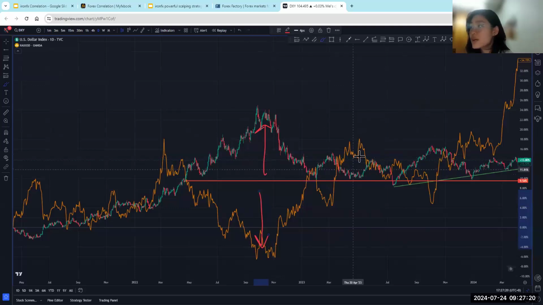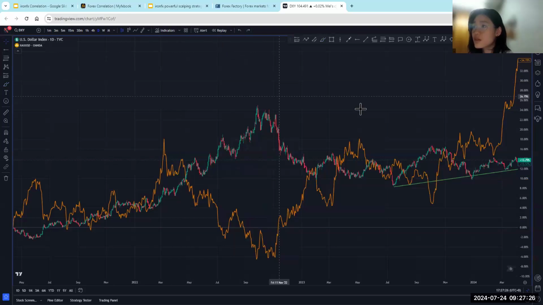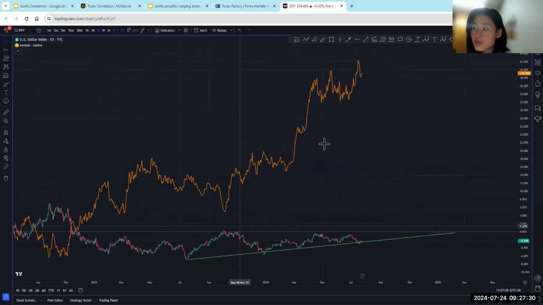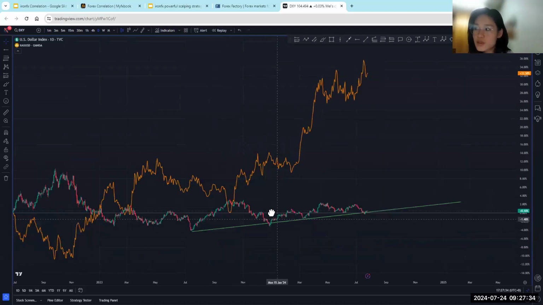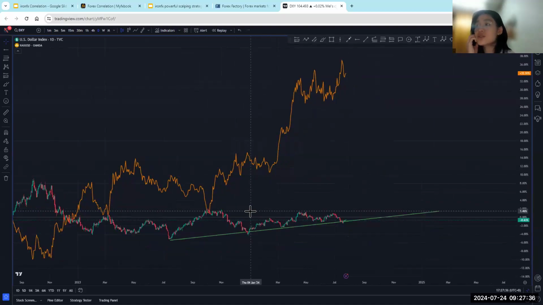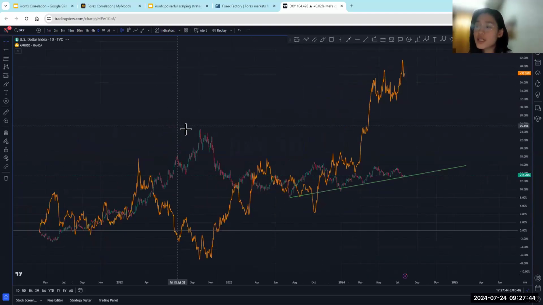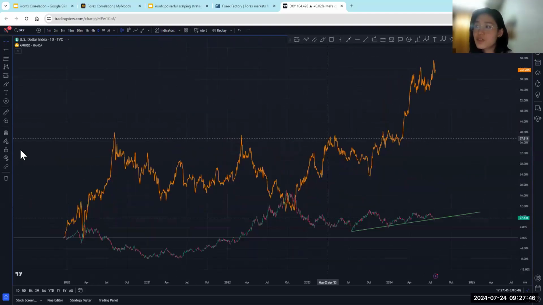But it doesn't happen like that for all of it. You can see here sometimes gold shoots up significantly, whereas DXY only drops slightly. So the main key point here is that they are negatively correlated, but they aren't proportionally negatively correlated, if that makes sense.